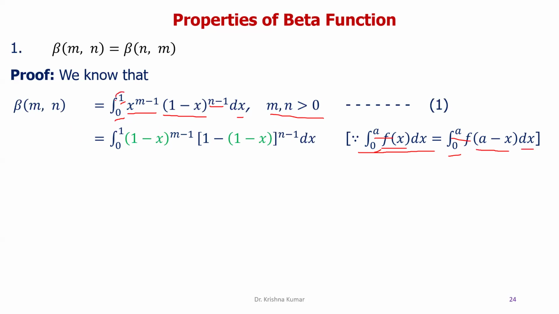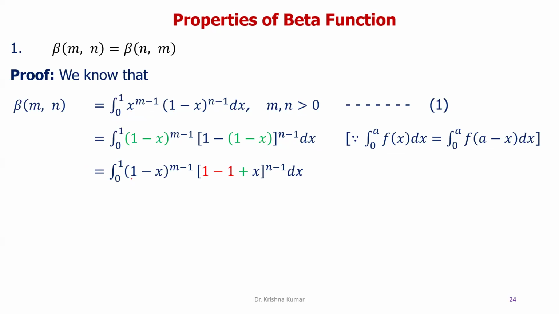Now here the upper limit is 1, so x is replaced by 1 minus x, giving (1 minus x) to the power m minus 1, and this 1 minus x is replaced by x, giving x to the power n minus 1, with respect to x. This can be written as the integration under the limit 0 to 1 of (1 minus x) to the power m minus 1 into x to the power n minus 1 dx.